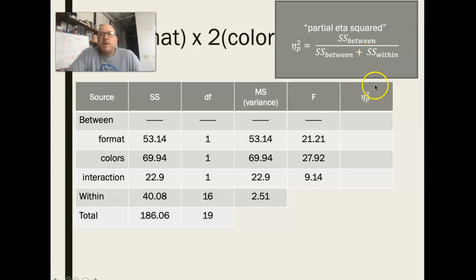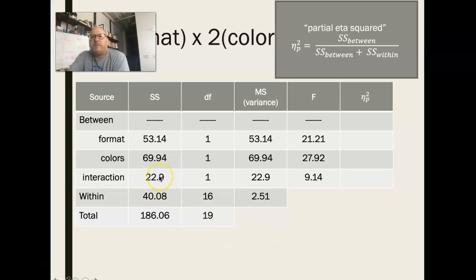Okay. So I'm going to come here to format. Format is 53.14. That goes in the numerator. 53.14 plus 40.08 is the denominator. Okay. So that's how we do that. We'll do that for each row. So for colors, 69.94 divided by 69.94 plus 40.08.